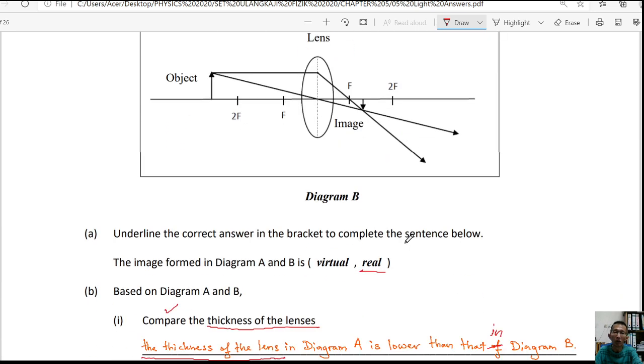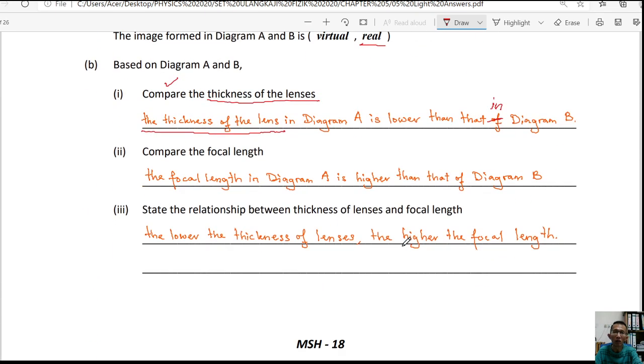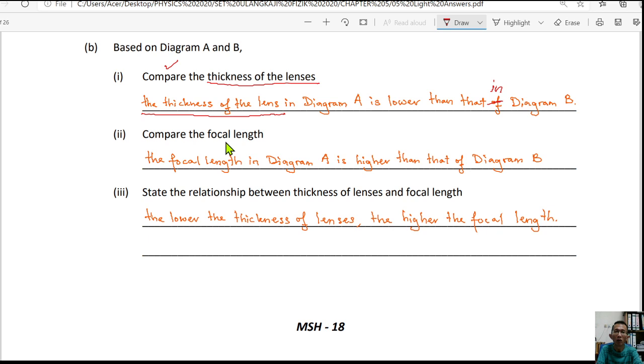Okay, so we go back to the question, compare the focal length. So the quantity to be compared is focal length. So I have my focal length written in my answer. So the focal length in diagram A is higher than that in diagram B.